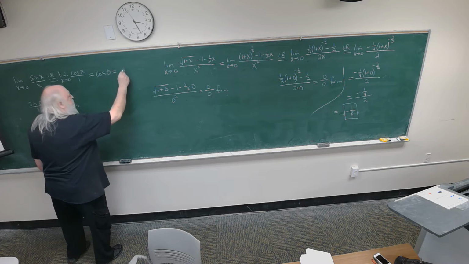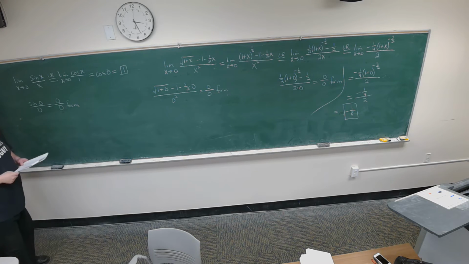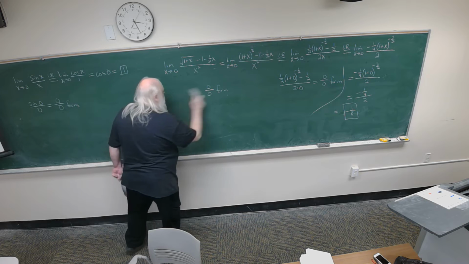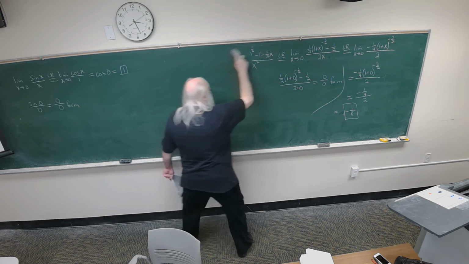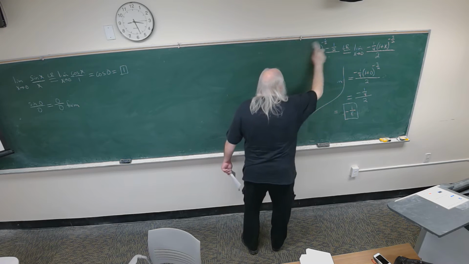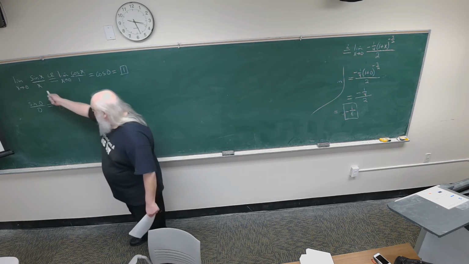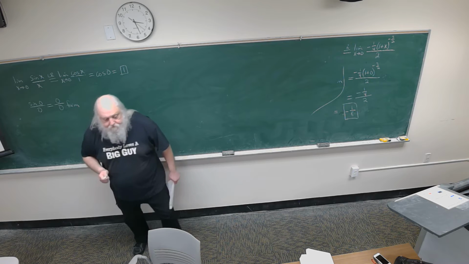And cosine 0 radians is equal to 1. So this function, sine x over x, is undefined at x equals 0, but the limit still exists.